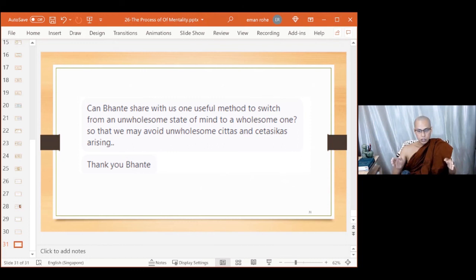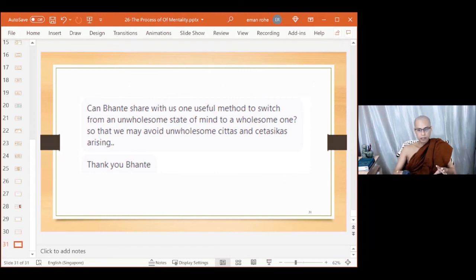And that is not a single cause. My mentality is also one of the causes of that unwholesome. We need to understand. Then, if we cannot change the object and if we cannot manage the situation, at least we can manage our emotion or our attitude toward that object.